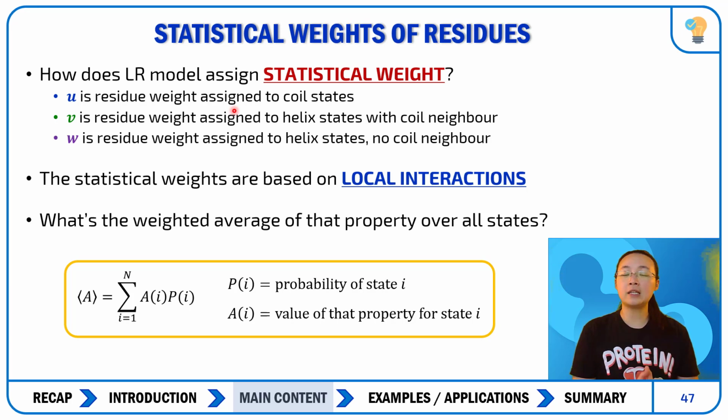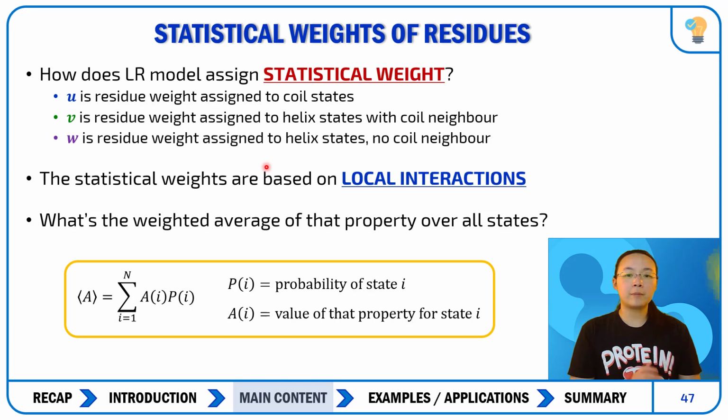If you're looking at helix states, either itself is hydrogen bonded with a coil neighbor, so we represent that with V, or we use W to represent the weight assigned to a helix state with no coil neighbors. Oops, I probably mixed the two up. V is the one with coil neighbors, and W is the one with no coil neighbors, so everything is hydrogen bonded.